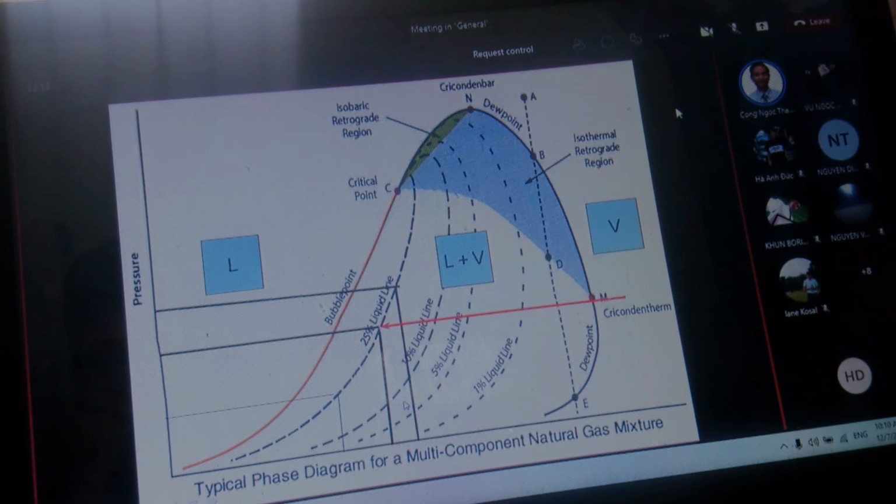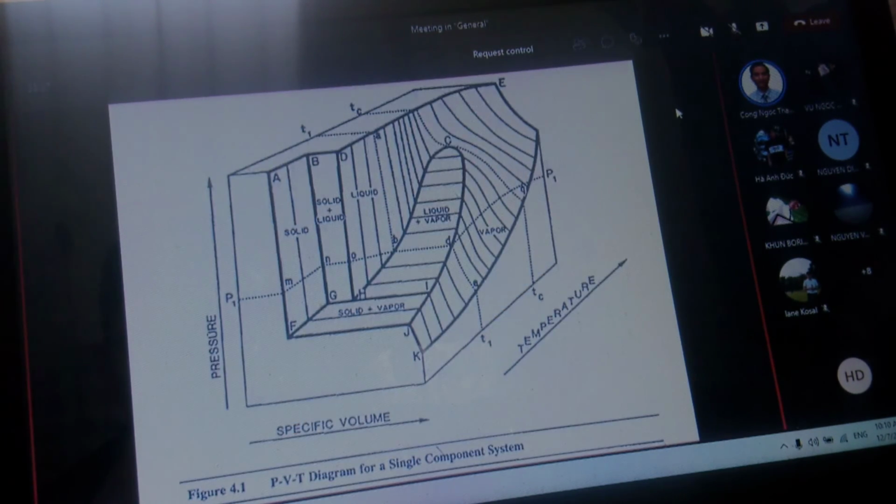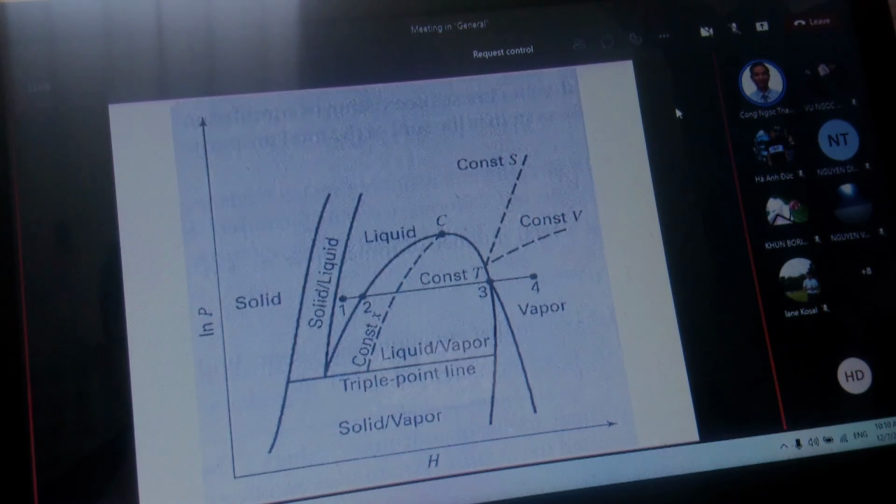Okay, so now how to decrease temperature? We have some methods to decrease the temperature.